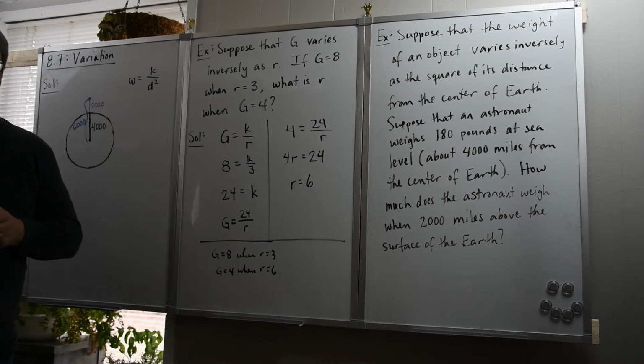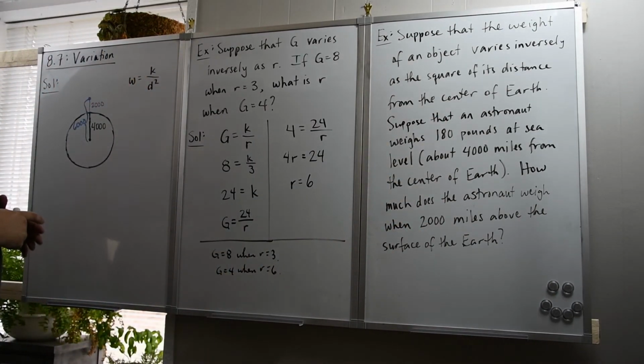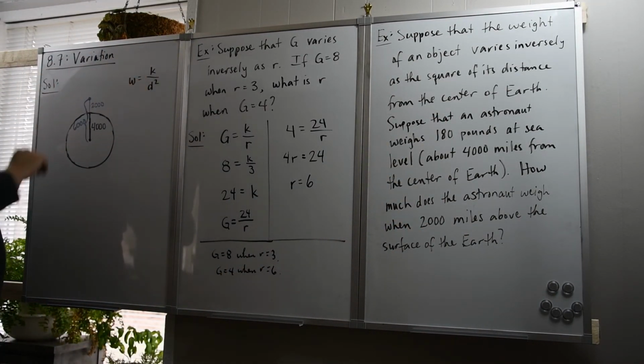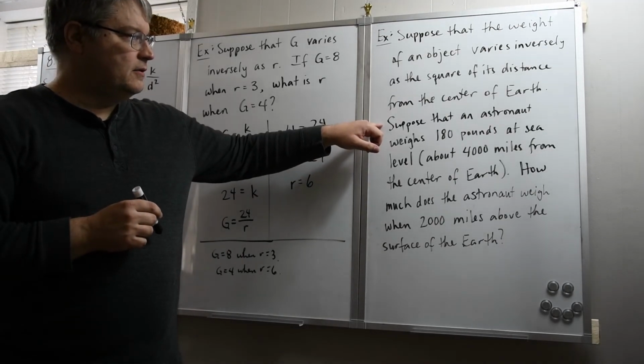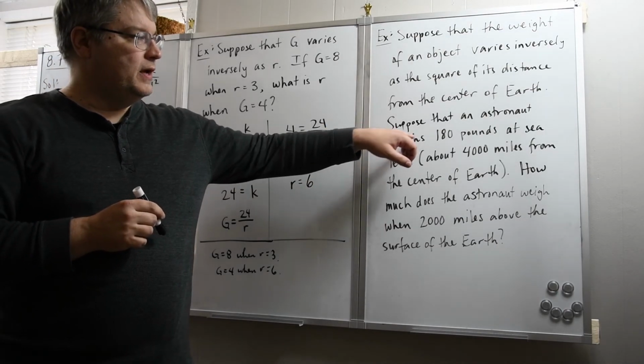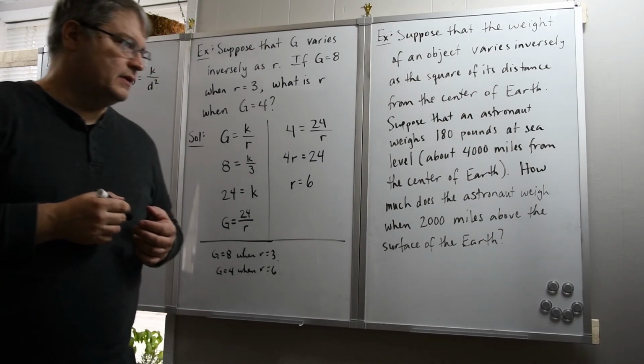But we also have some information given to us right here that will enable us to figure out the value of k that's relevant to this situation. Take a look at this part. It says the astronaut weighs 180 pounds at sea level, which is about 4,000 miles from the center of Earth.